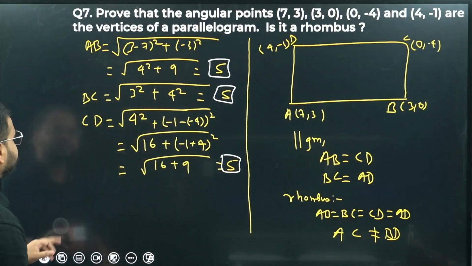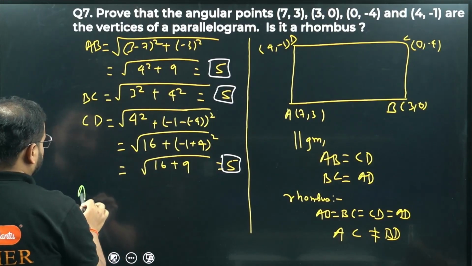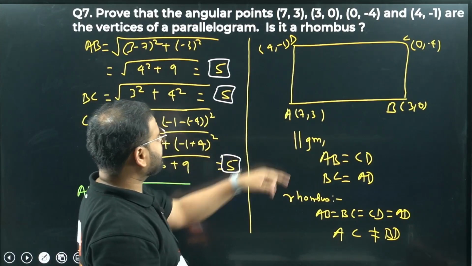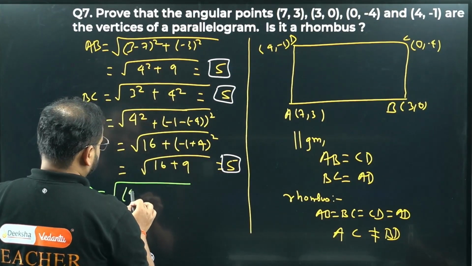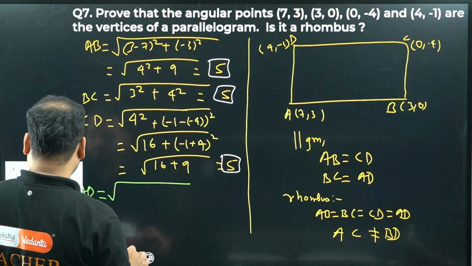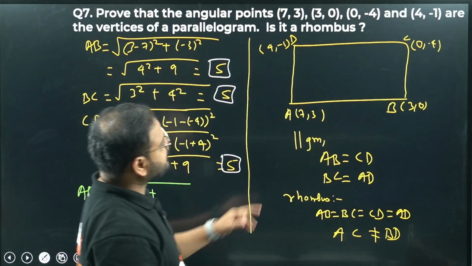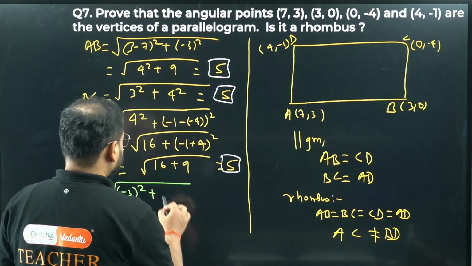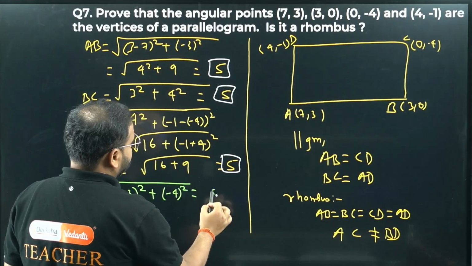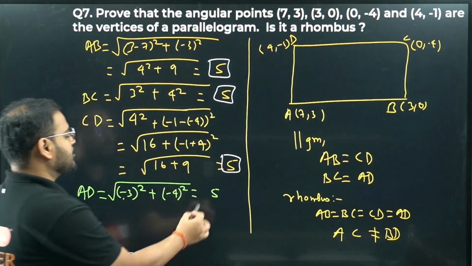The last one, AD. 4 minus 7 is minus 3, and minus 1 minus 3 is minus 4. 9 plus 16, again 25, root is 5.